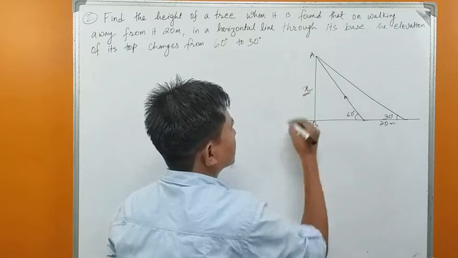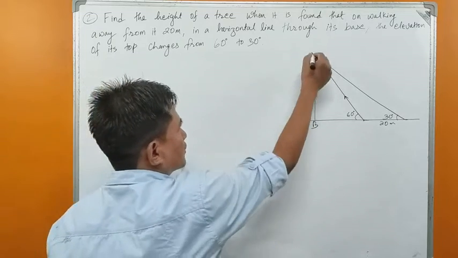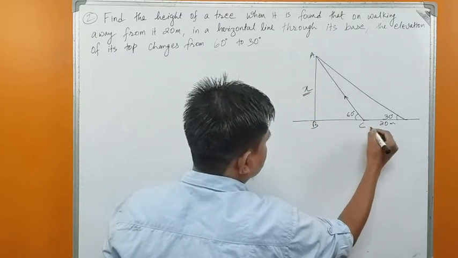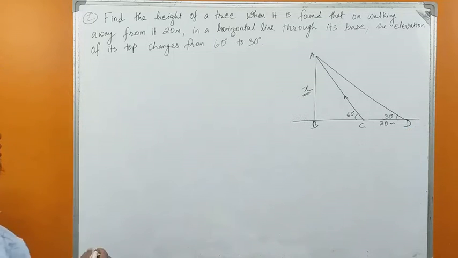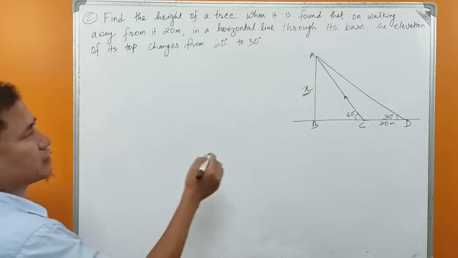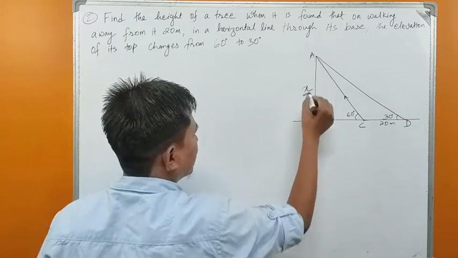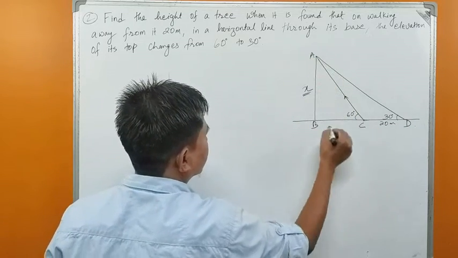Let us suppose the height of the tree is x. This is A, this is B, this is C, and this is D. Now let us solve this question. Let us first take triangle ABC, the smaller triangle.